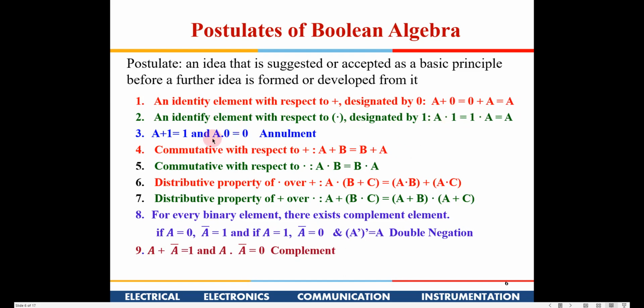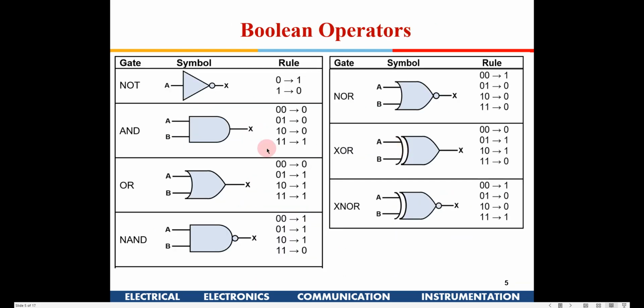Then there is one more rule, known as annulment. It means A plus 1 is equal to 1, that is, A or 1. In fact, A is totally removed from the output now. Similarly, A dot 0: the output has become independent of A in both these cases. That is why the name annulment comes. A or 1: if you go back here, you have an OR gate.